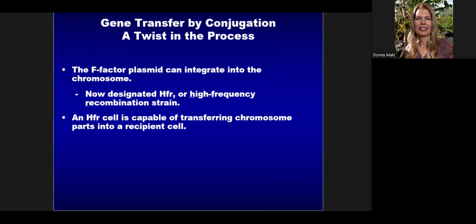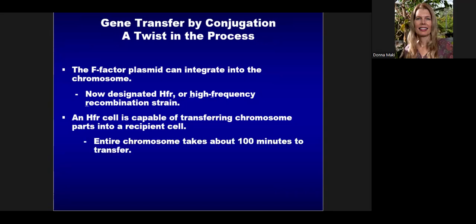And sometimes some of the chromosome DNA comes with it. And so you have this interesting idea where it's not always just a strand of the plasmid that will get transferred. It'll be some of the plasmid plus some of the chromosome. And again, now that's a way for the recipient to get some interesting genes that it might never have had before, coming off the chromosome from its neighbor.